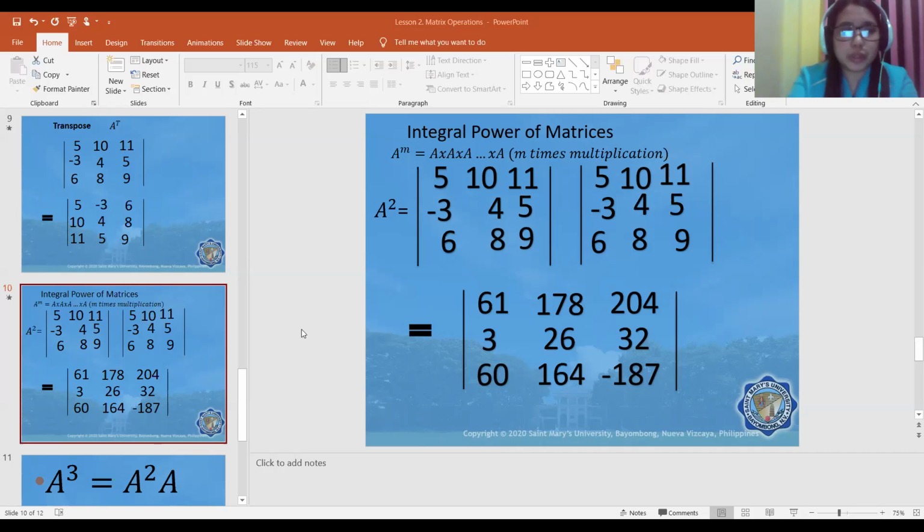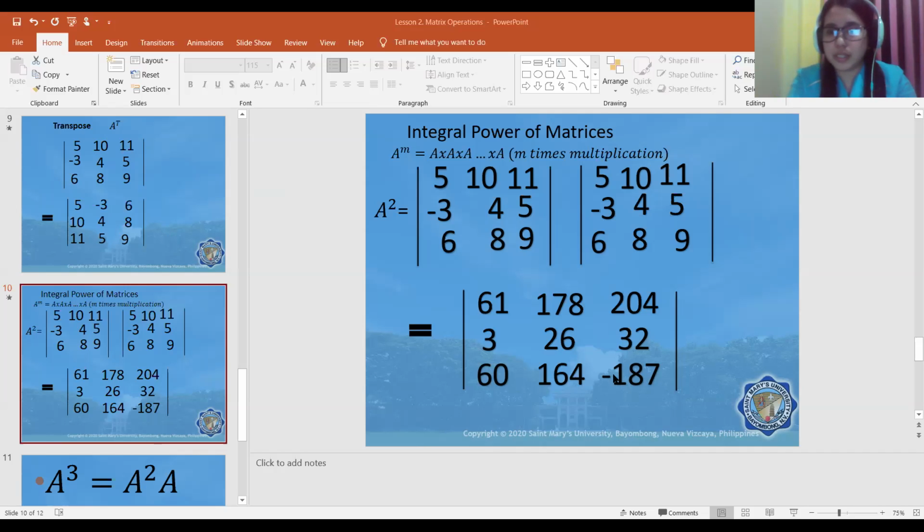So we are going to multiply the matrix by itself. So MMULT, Control Shift Enter.